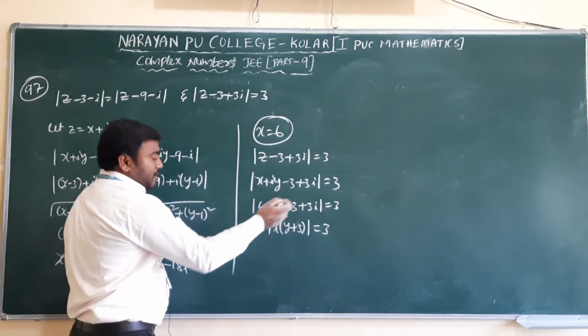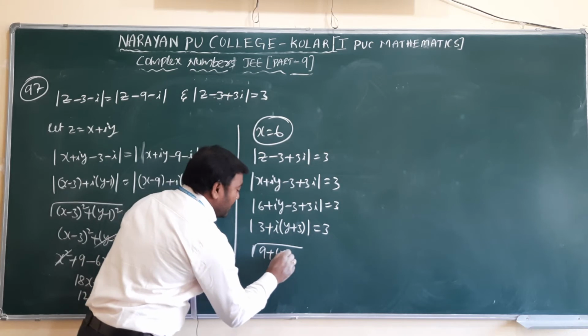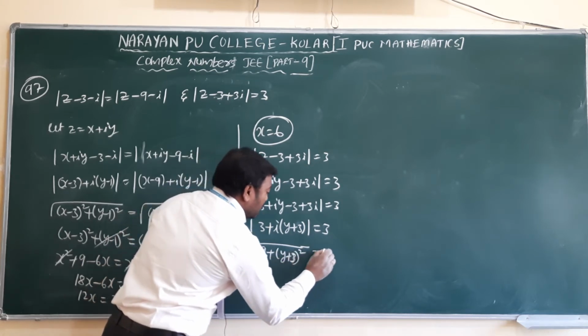So applying the modulus, √(9 + (y + 3)²) = 3.